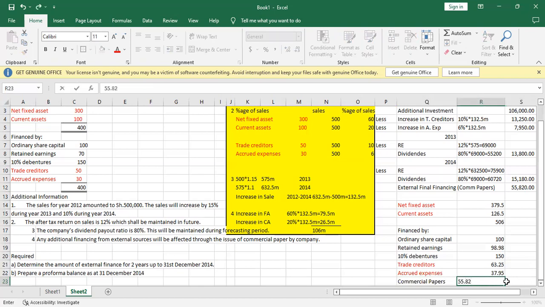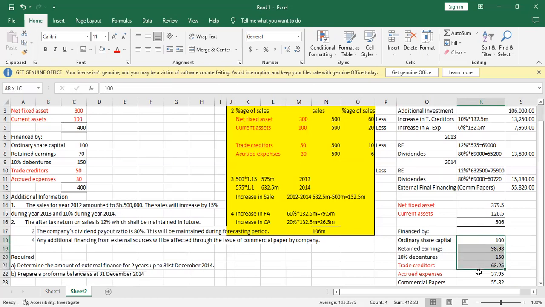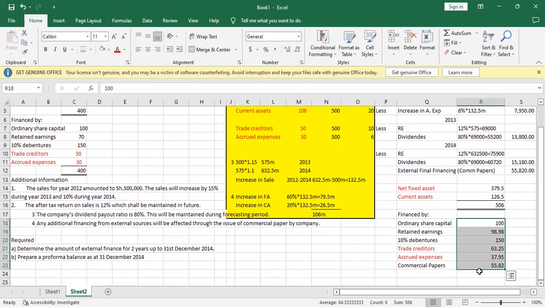I got 506 million. So the pro forma balance sheet has balanced.